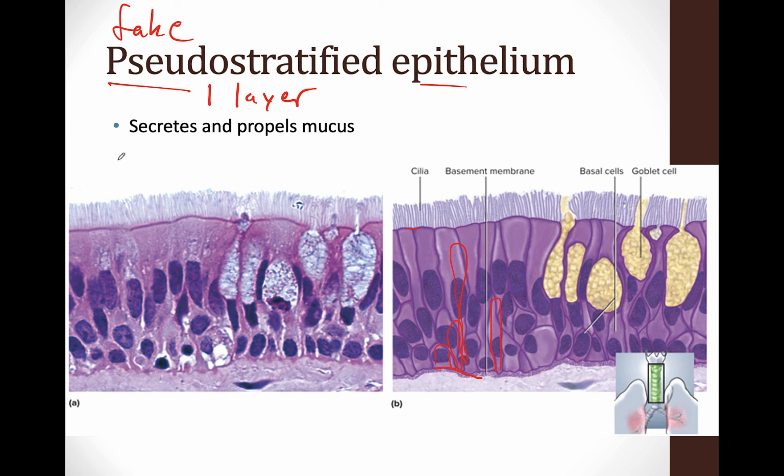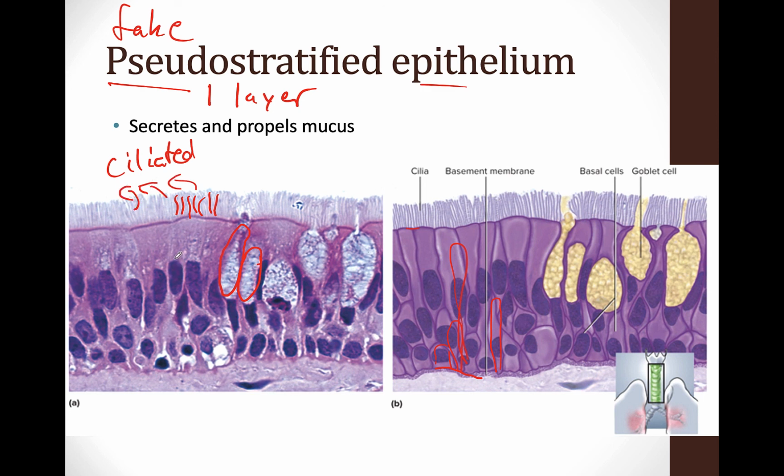Pseudostratified epithelium is also ciliated. So one cue that you've got pseudostratified is that you've got these tons and tons of cilia up here. You're going to also often see these goblet cells for secretion of mucus and then moving the mucus along.